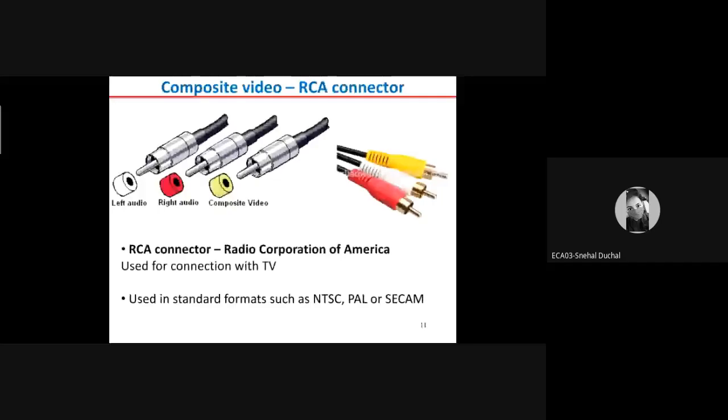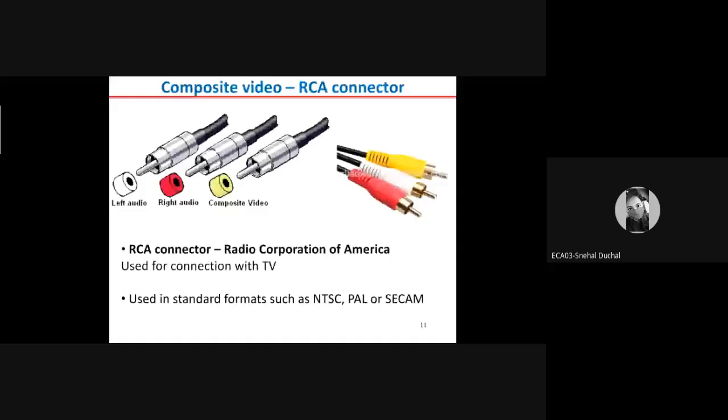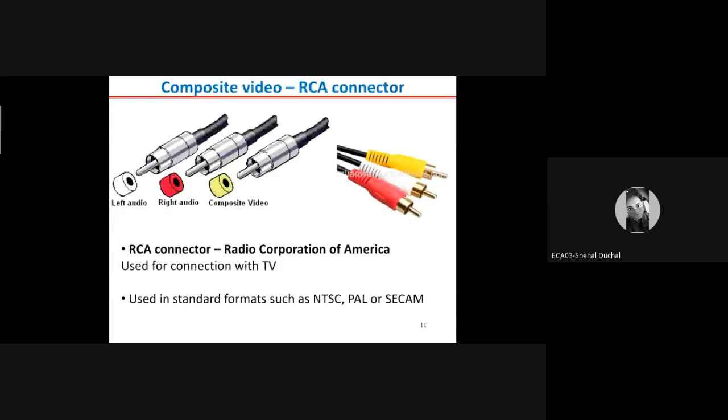We use this colored wire for audio purposes, and the yellow wire is referred to as composite video. If we have to observe the video on a screen, then we have to connect these three wires. These wires are called the RCA connector.